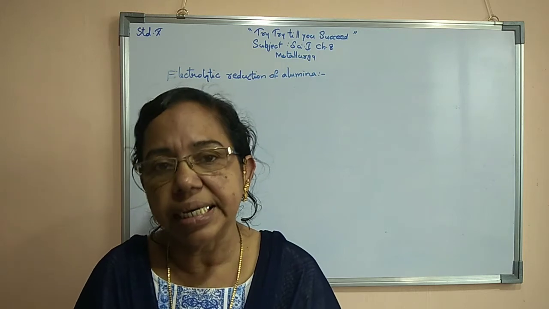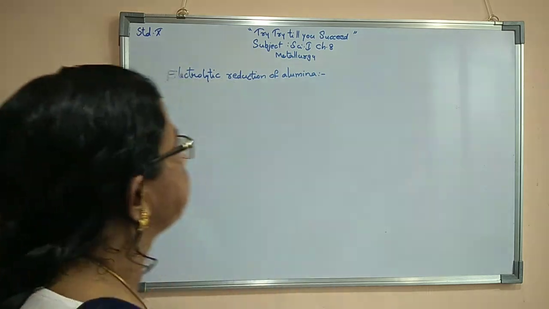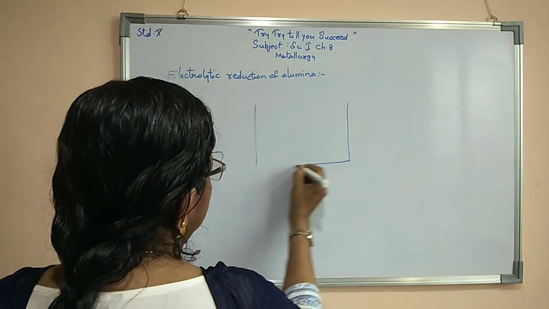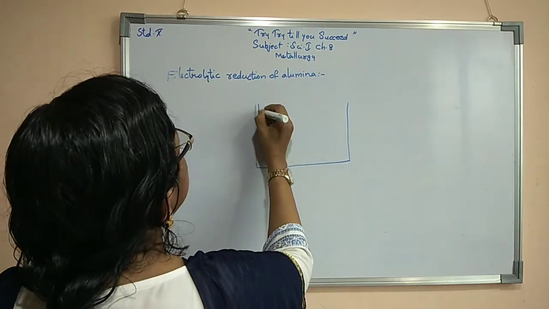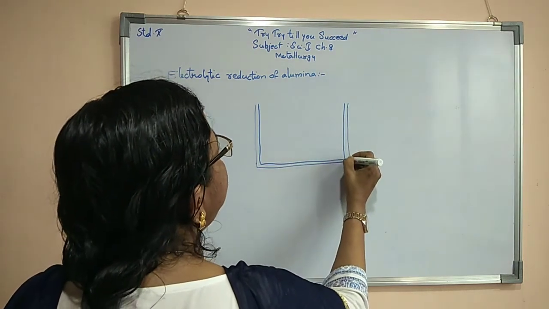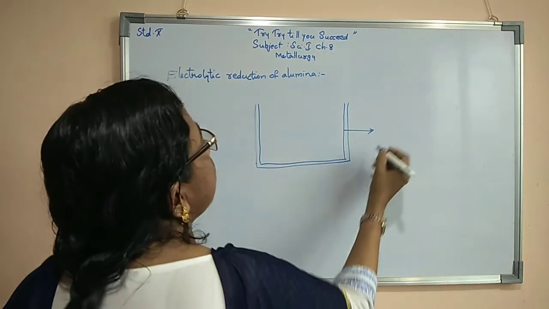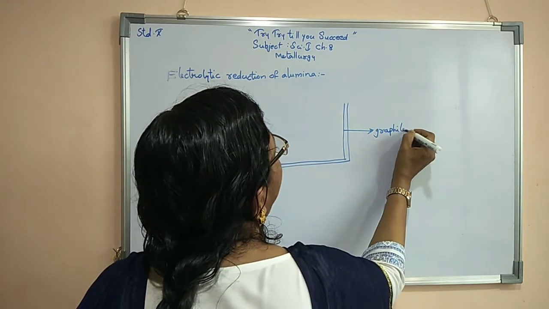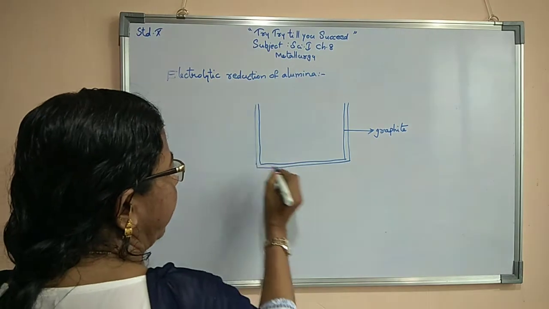We'll study in detail with the help of a diagram. Here we are using one steel tank, and its lining we make with graphite. Lining means the inner wall, made of graphite.